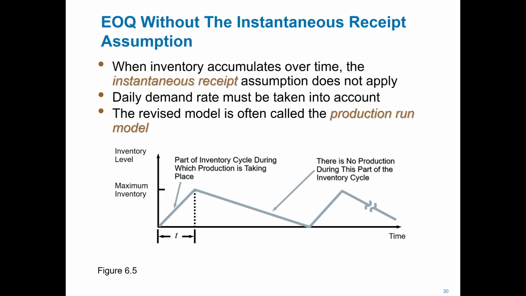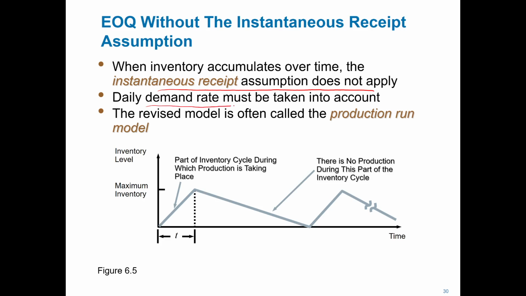When inventory accumulates over time, the instantaneous receipt assumption does not apply. So we are relaxing that assumption which was in the basic EOQ model. We are saying that no, there is no instantaneous receipt, but rather there is a uniform buildup, uniform accumulation of inventory.